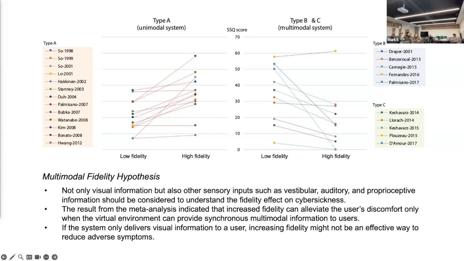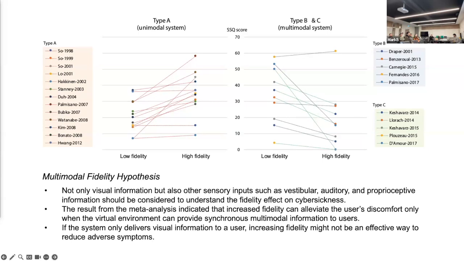Every single study in this graph tries to compare low-level technology and high-level technology for users, and what they expect is that if they provide a higher level of virtual reality technology, then participants feel less sick because it is an improved virtual environment. But actually, it turns out that even though they provide high fidelity virtual reality, it increases the sickness level. So that is the totally opposite result from what they expect.